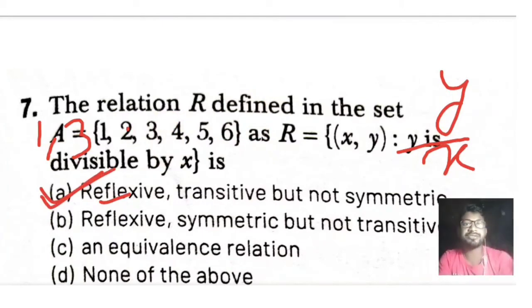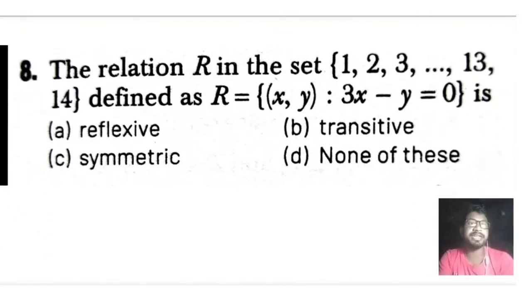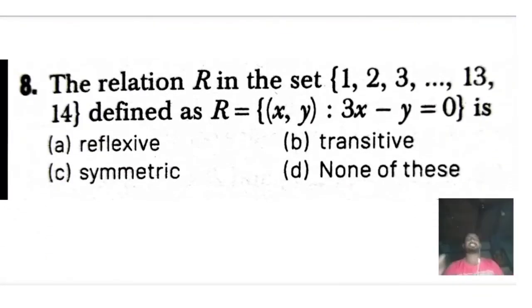Now goes to next question. In question number 8, the relation R in the set 1, 2, 3 up to 13, 14 is defined as R equal to (x, y) such that 3x minus y is equal to 0. Now we have to check. At first check reflexive.